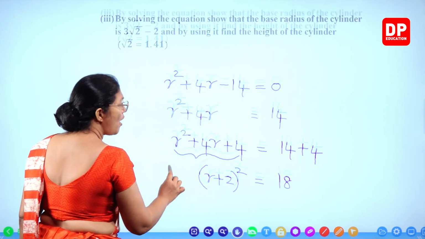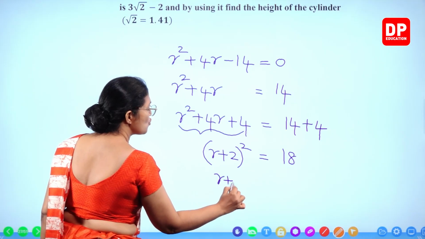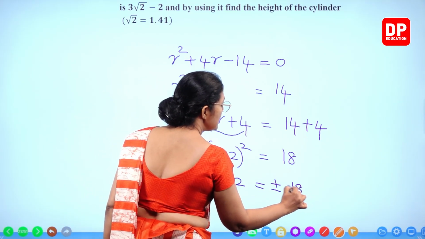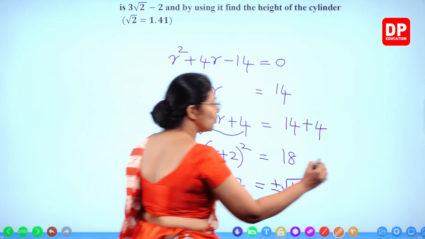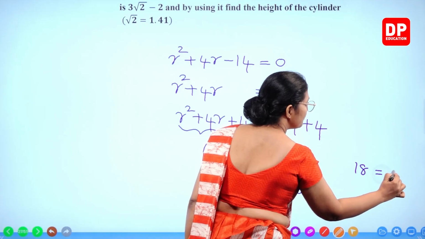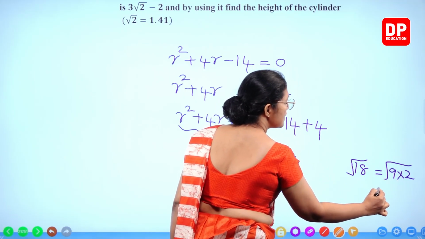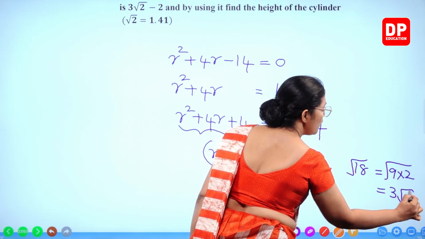Then take square root both sides. When you take square root both sides, you get r plus 2 equals plus or minus square root of 18. Square root of 18 you can write 9 times 2. And when you take square root both sides, what happens? Square root of 9 is 3, 3 root 2.